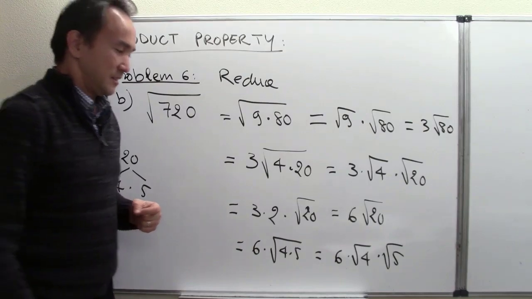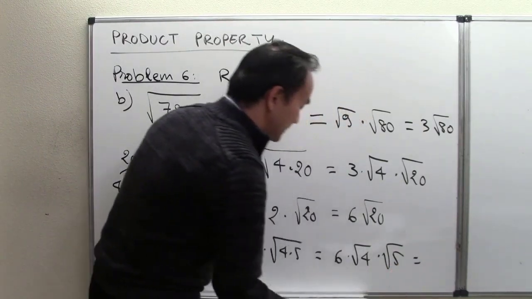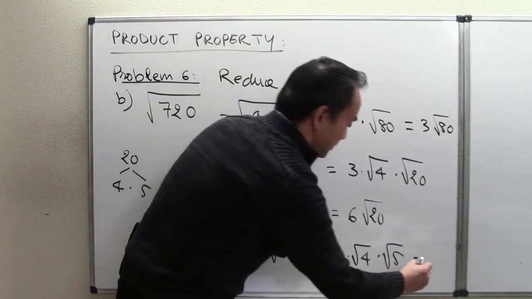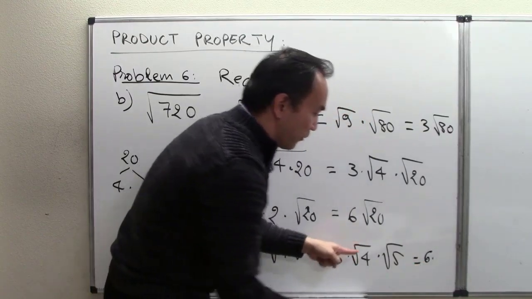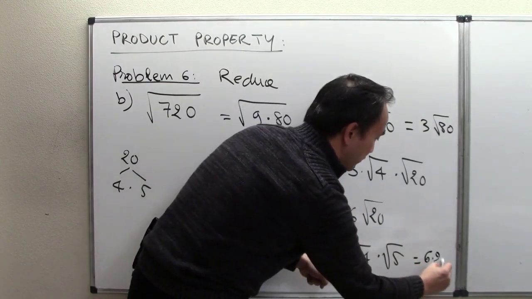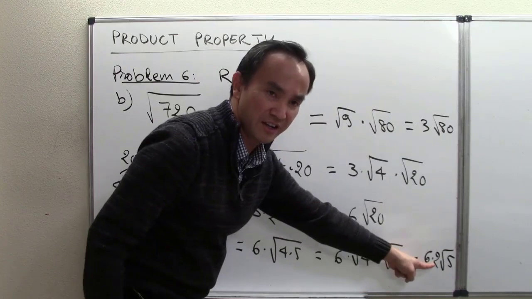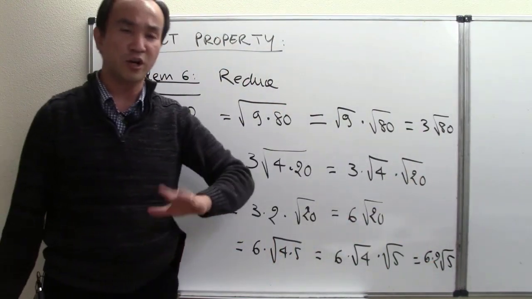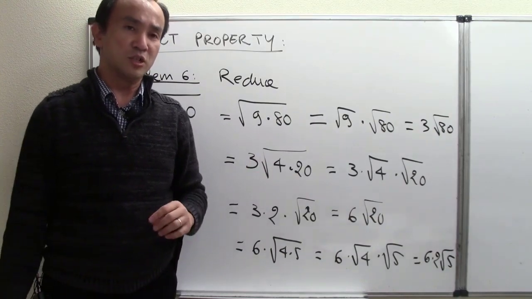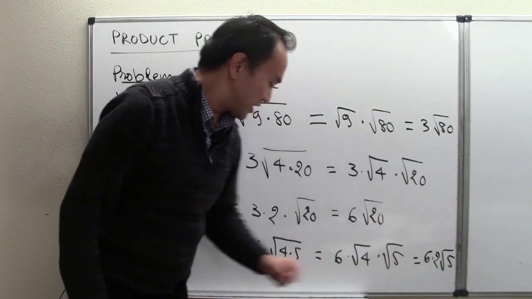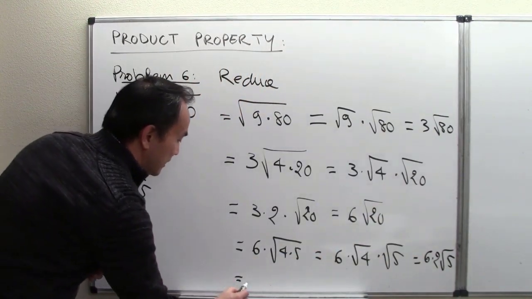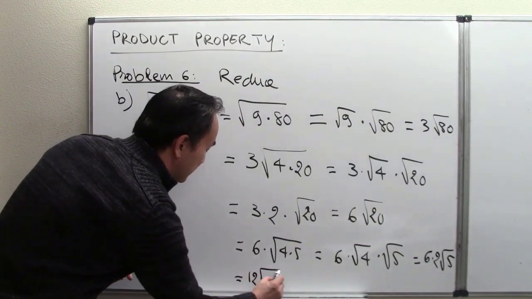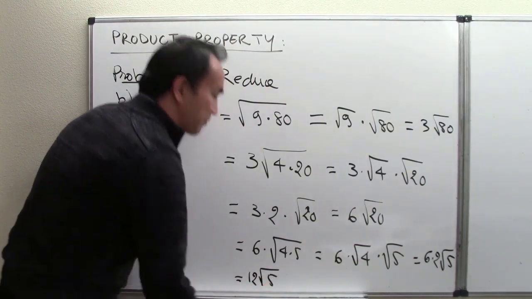All right, and so that gives me 6 times the square root of 4, which is 2, times the square root of 5. And the square root of 5, at this time, I am really satisfied with because 5 itself is a prime number, so it can no longer be reduced under the square root. So 6 times 2 is 12. My final answer here is 12 times the square root of 5.